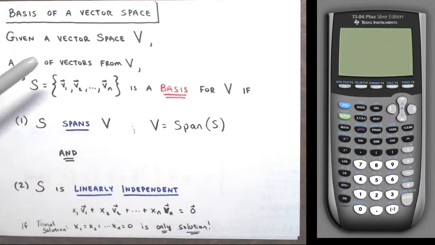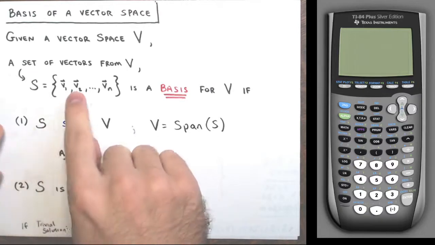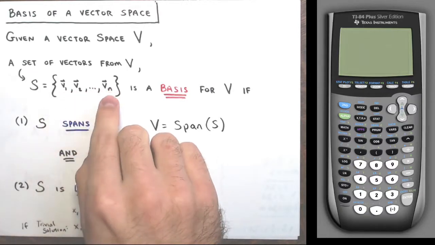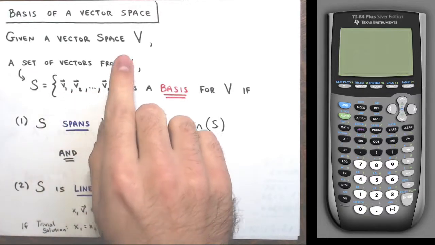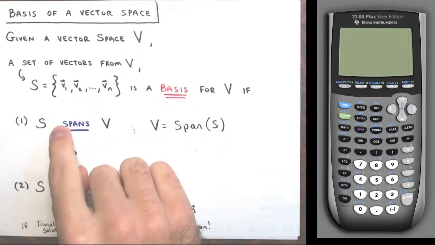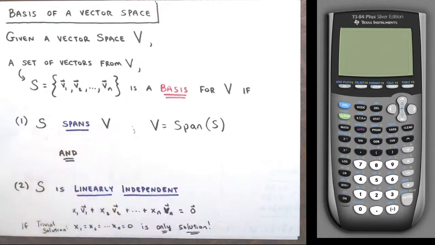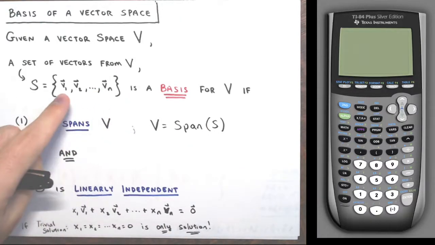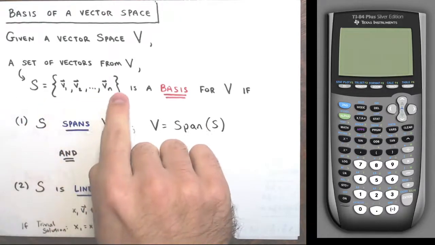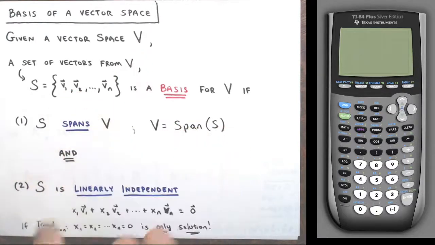All right. So when you think of a basis for a vector space, think of these as the building blocks for V. S spans V means I can build any vector I want from V with just these n vectors. Take a linear combination of these n vectors and build any vector from V I wish.